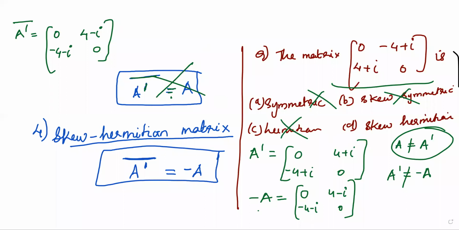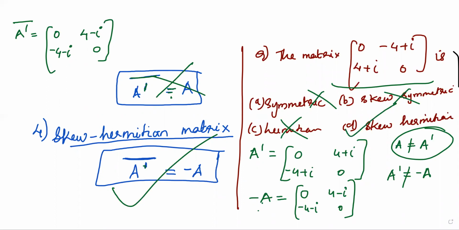Now check whether it is a skew Hermitian matrix. Is A transpose conjugate the same as minus A? Yes, that is satisfied. So it is a skew Hermitian matrix.